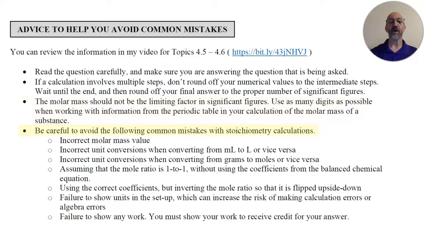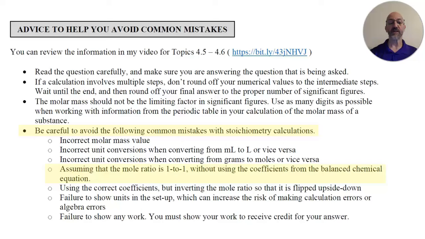Now, be careful to avoid the following common mistakes with stoichiometry calculations, and they include an incorrect molar mass value, incorrect unit conversions when converting from milliliters to liters or vice versa, incorrect conversions of units when converting from grams to moles or vice versa. Don't assume that the mole ratio is 1:1, so pay attention to the coefficients from the balanced chemical equation.